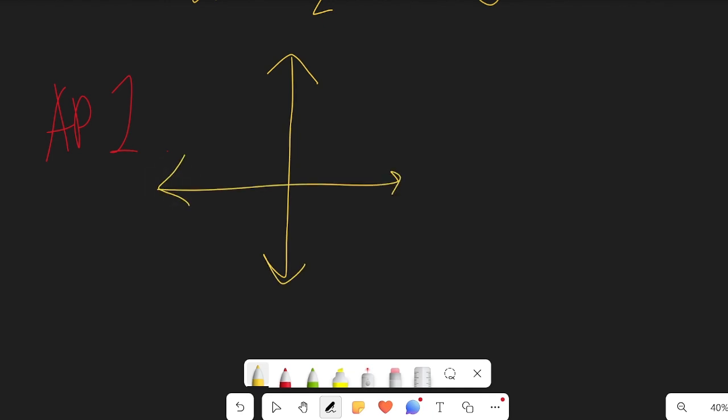And there was a curve, and this curve represents a potential function.